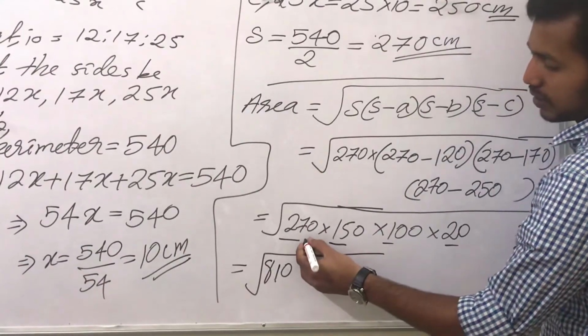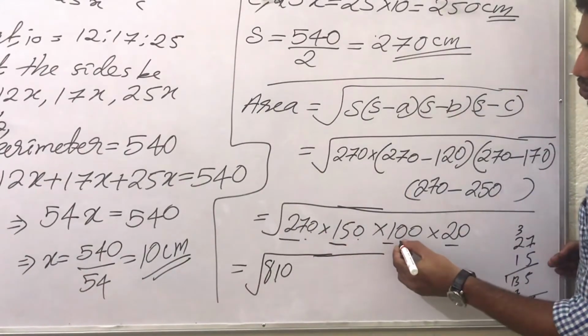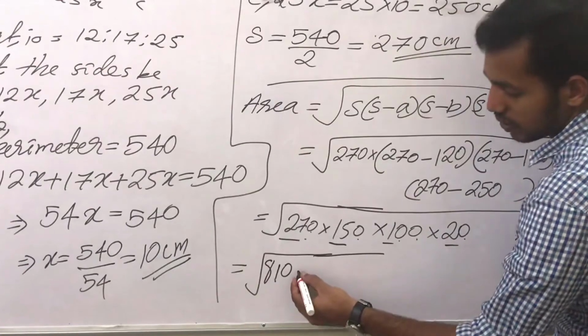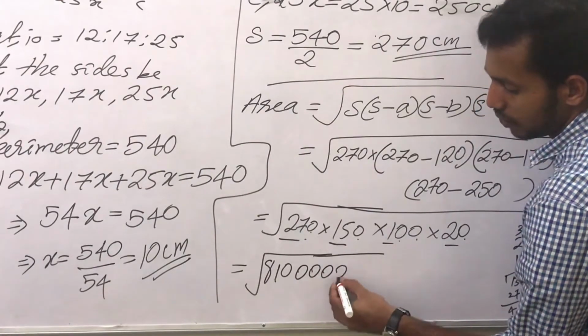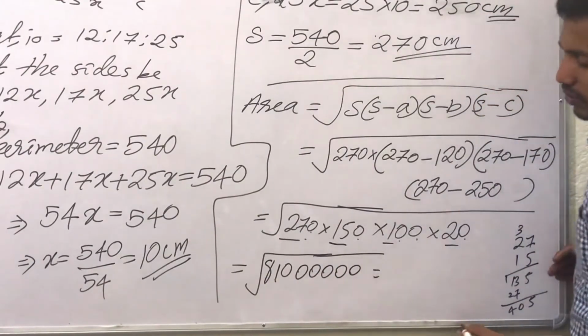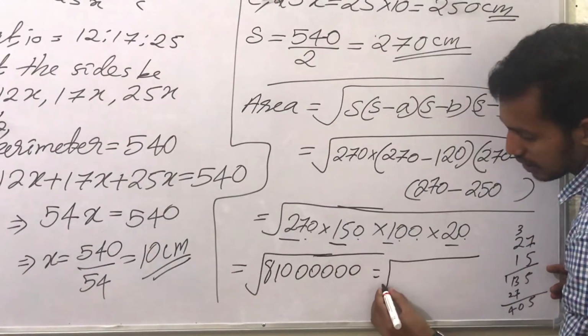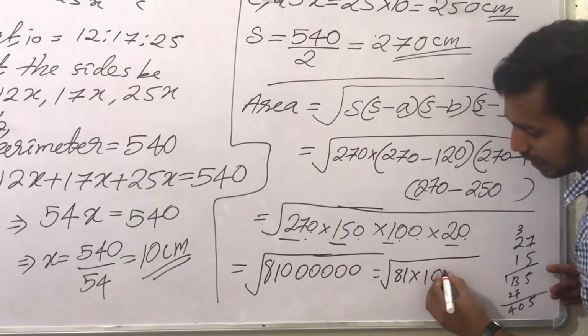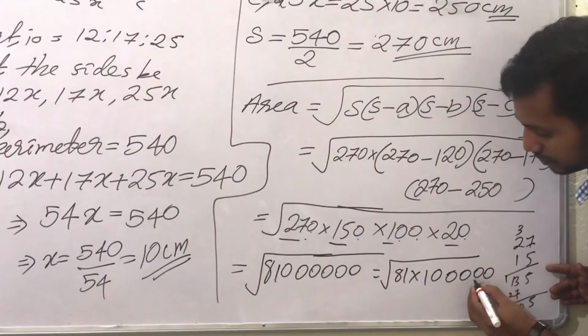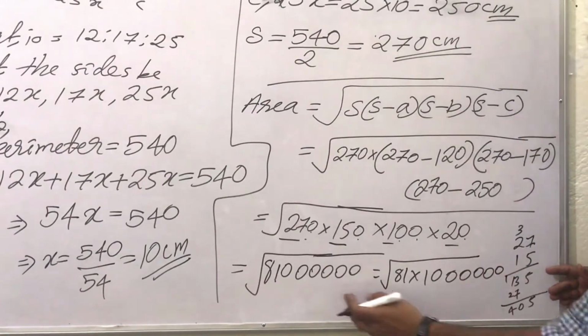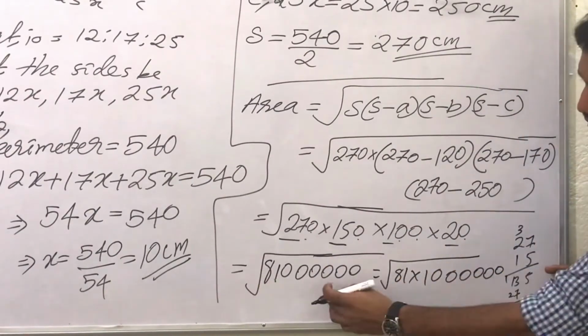Okay, how many zeros are there? 1, 2, 3, 4, 5. 5 zeros are there. Which is equal to, we can write this as 81 into 10 lakh.